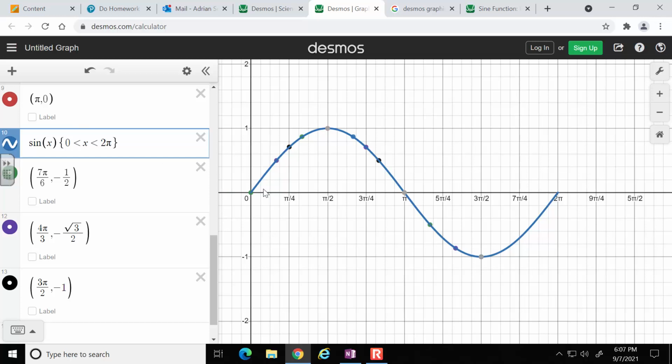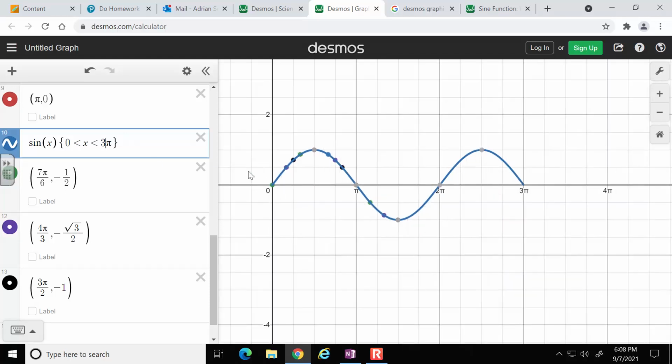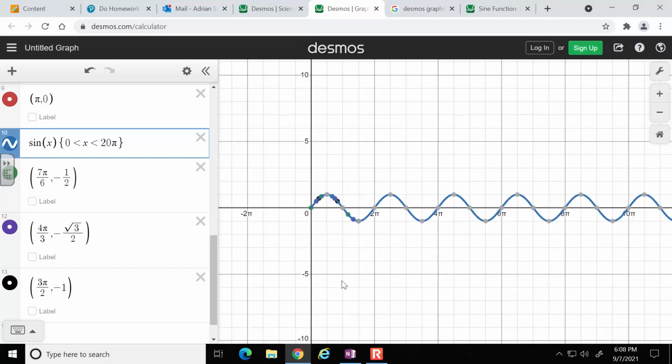If I make that go to 3 pi, it's just going to repeat, 4 pi, 20 pi. It's just a repeating function, and these are called periodic functions because they repeat after a period. And they're used to model a lot of things.